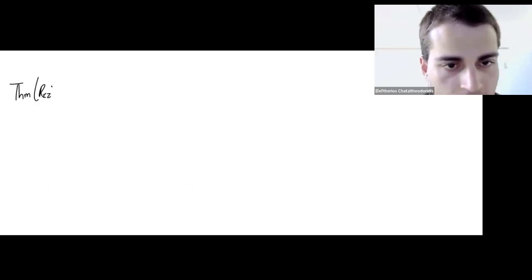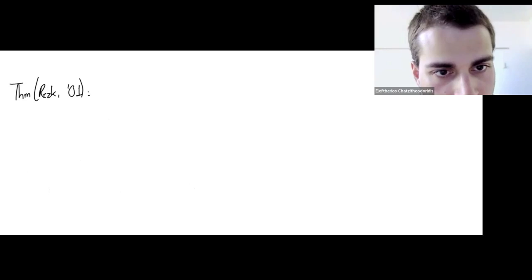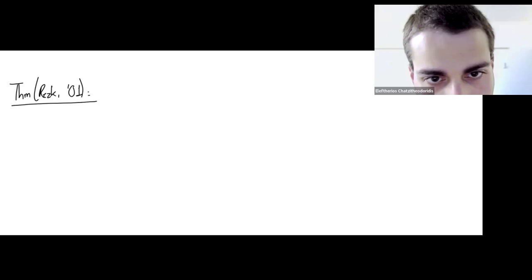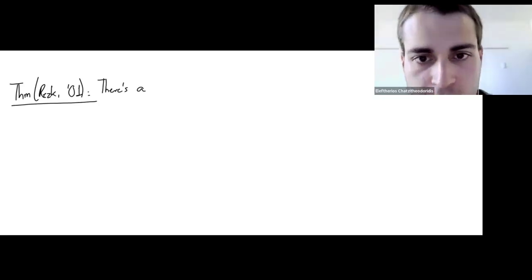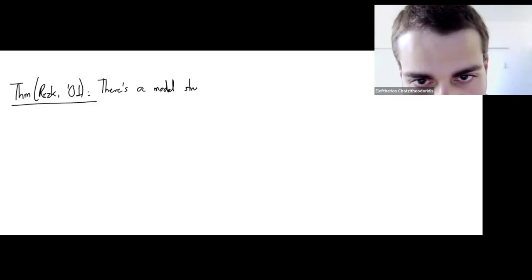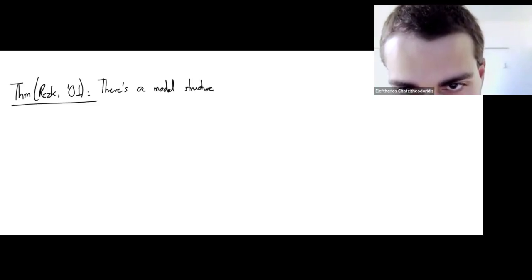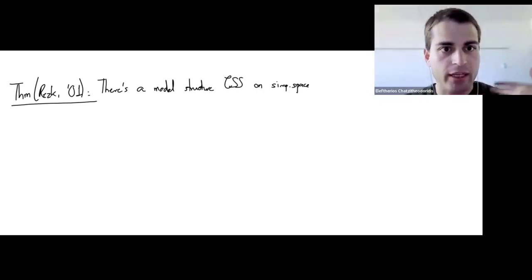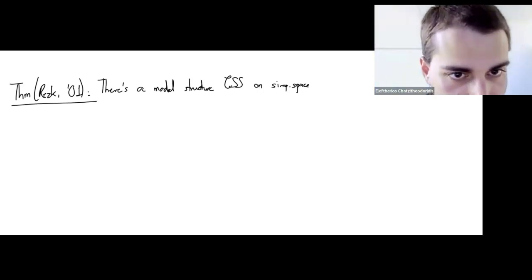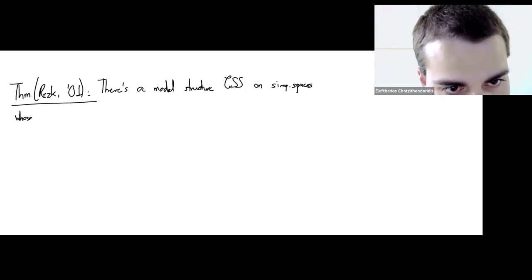It says that there's a model structure, in the sense of a Quillen model category or closed model category, which he denotes by CSS, on simplicial spaces. That model structure is given by a left Bousfield localization of the Reedy model structure, if you're familiar with that. And in that model structure, the fibrant objects are the complete Segal spaces.